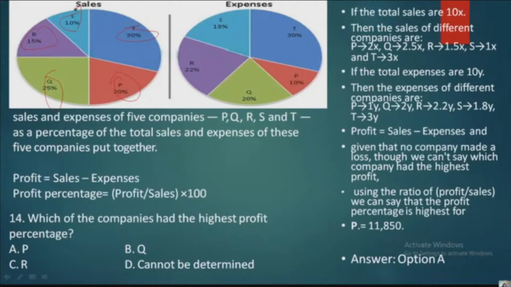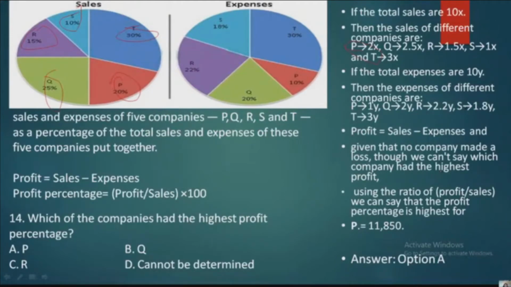Using the ratio, that is profit divided by sales, you can easily find out that the percentage profit for P is highest. For P, you have to find the profit percentage using the ratio of profit and sales.